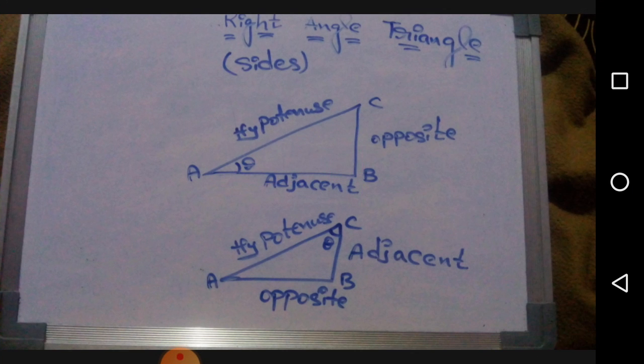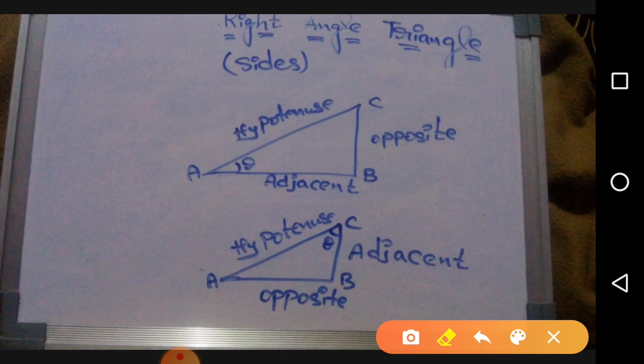There is a new addition, the angle, and to name the angle we are naming it theta. The side that is directly opposite or in front of this angle is known as the opposite side, and the side which is adjacent is known as the adjacent side, and the longer side is always known as the hypotenuse.